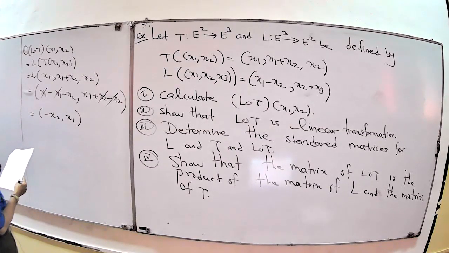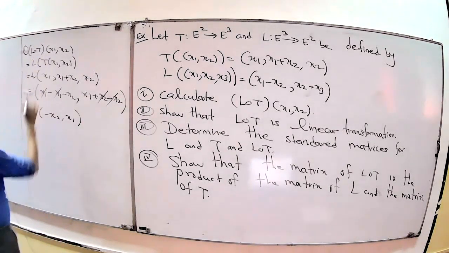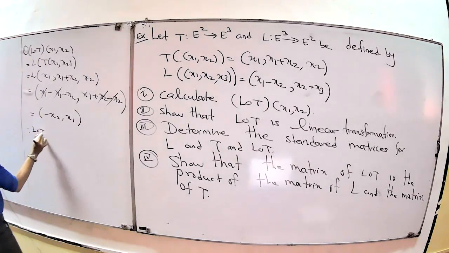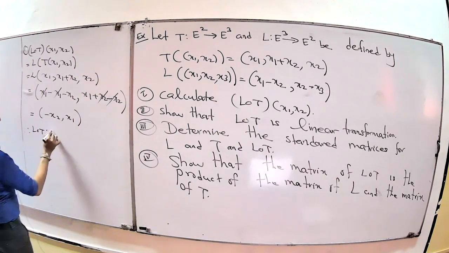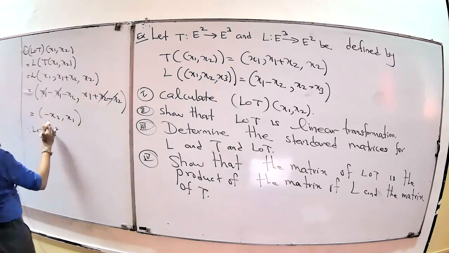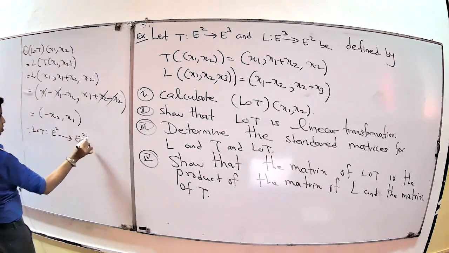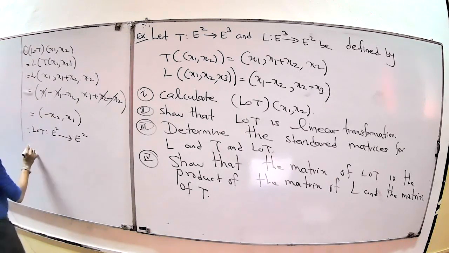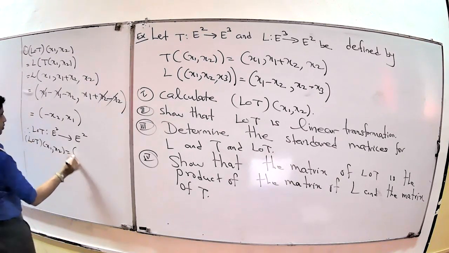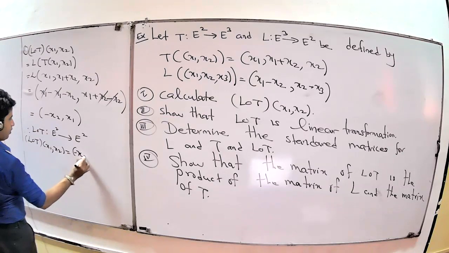Second part, you want to show that L composition T is a linear transformation. This mapping L composition T from E squared to E squared sends x1, x2 to minus x2, x1.